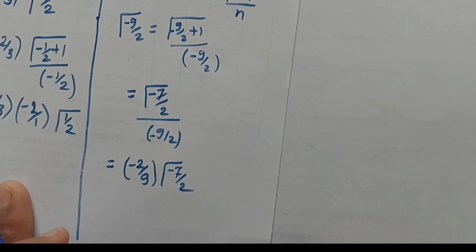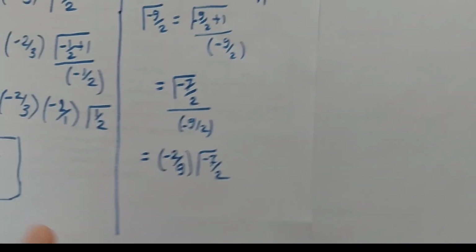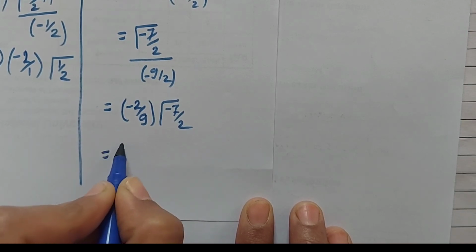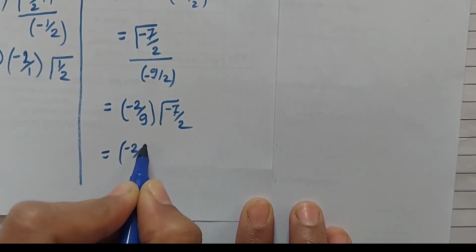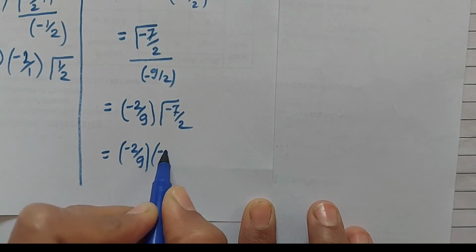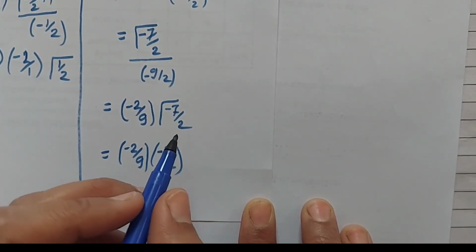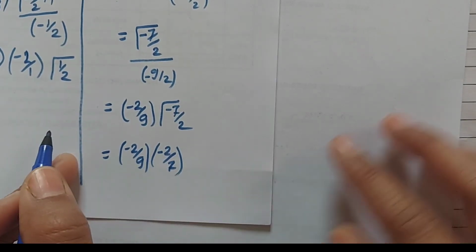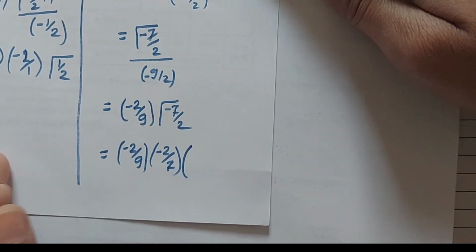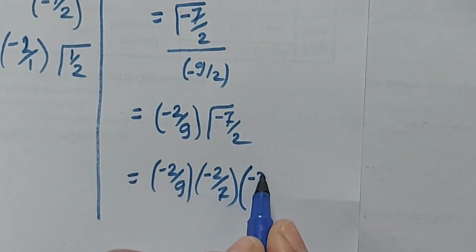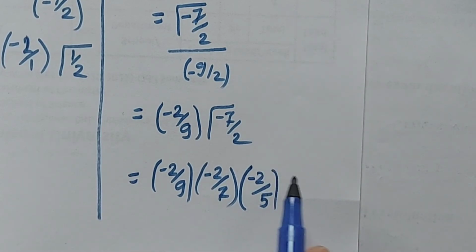Again use the same property. You try this yourself. I will write here directly. You can write it is minus 2 by 9, minus 2 by 7, again we are adding 1, then we get minus 5 by 2. For minus 5 by 2 we write minus 2 by 5, and minus 5 by 2 if we add 1 then it is minus 3 by 2.